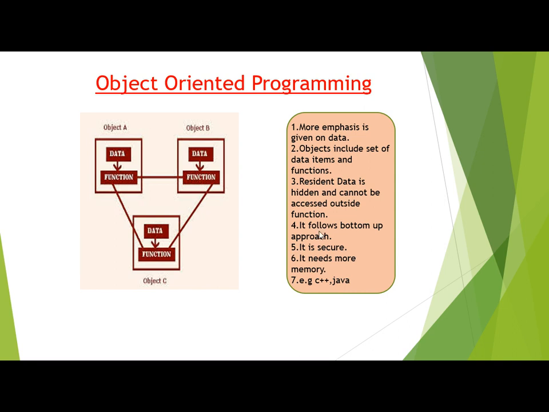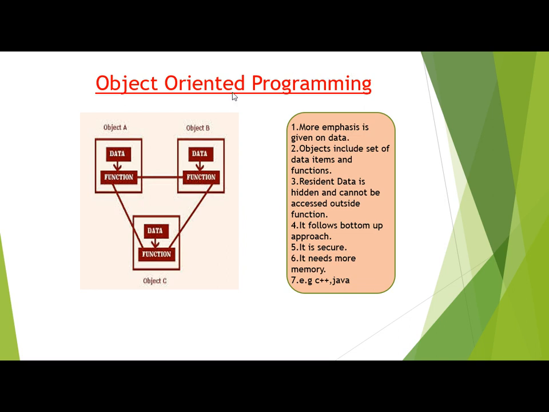Then the third kind of programming paradigm or methodology is object oriented programming. Here in this kind of programming methodology, more emphasis is given on data. As we compare with the others, there we saw that more emphasis was given on code, but here more emphasis will be given on data.